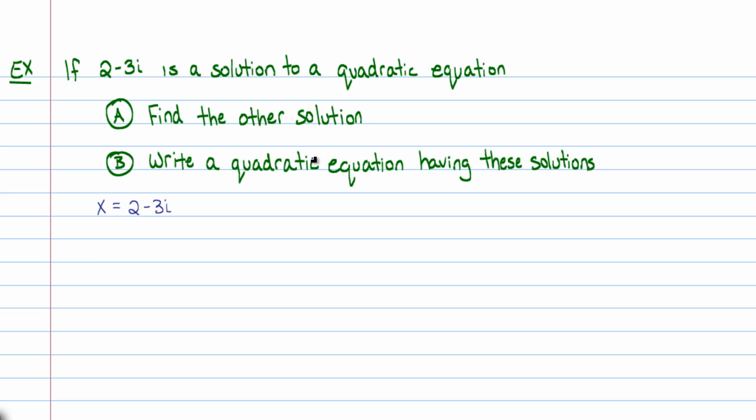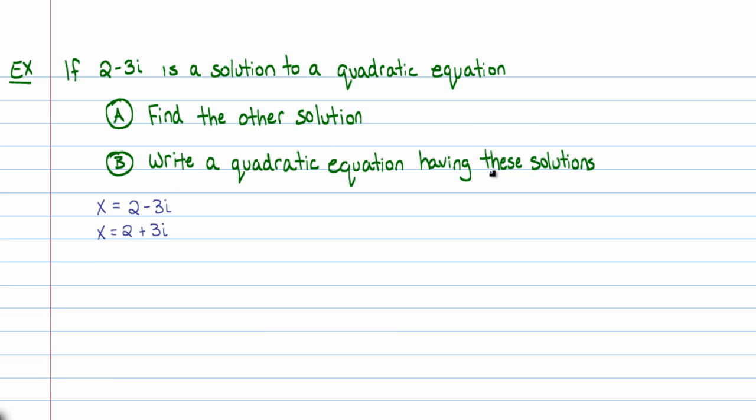Can we find the other solution without any work, basically? And the answer is yes. According to the conjugate pairs theorem, if 2 minus 3i is a solution, then its conjugate, 2 plus 3i, is also a solution.